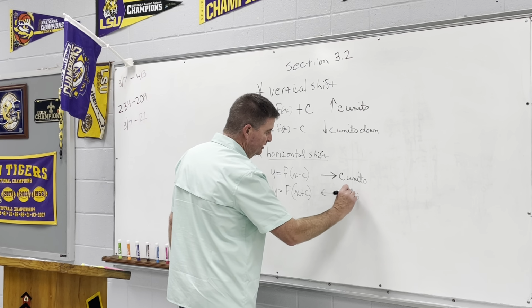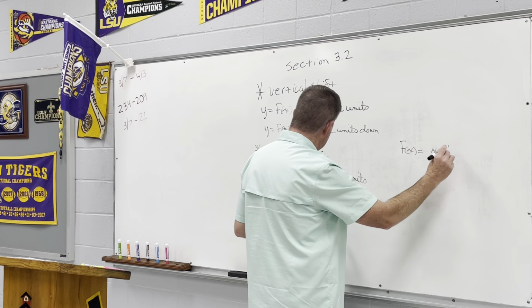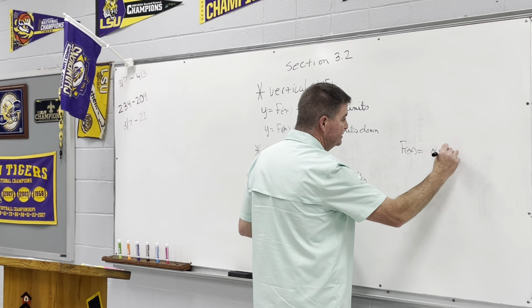So if I had my example of f of x equal to x plus 1 cubed, that would bring the whole thing to the left 1 unit. So it would be the cubed function, and it would be to the left 1 unit. So it would look like this, brought to the left 1 unit.